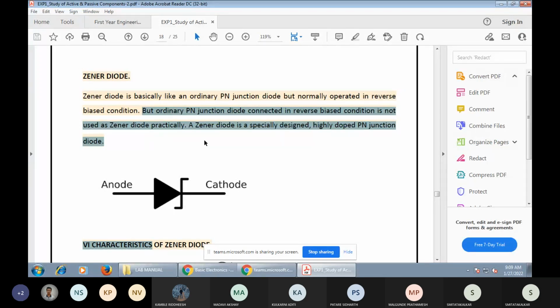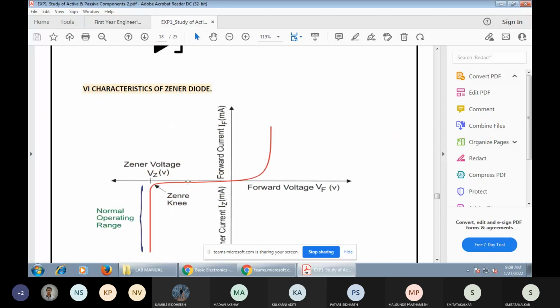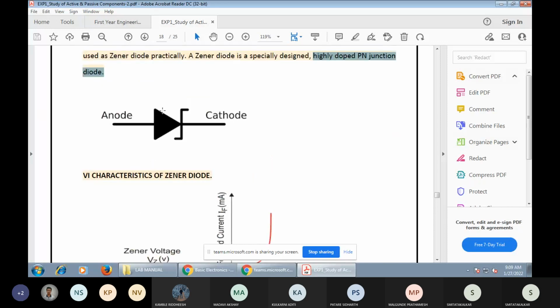A Zener diode is practically a heavily doped PN junction diode. In reverse bias it is heavily doped, and the doping process is extensive because of the PN junction.